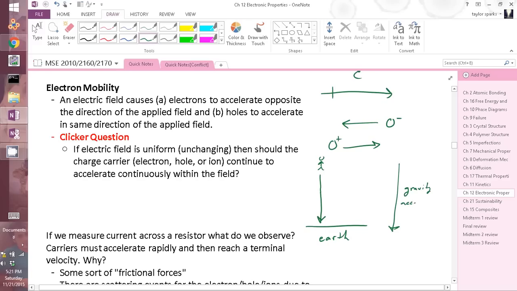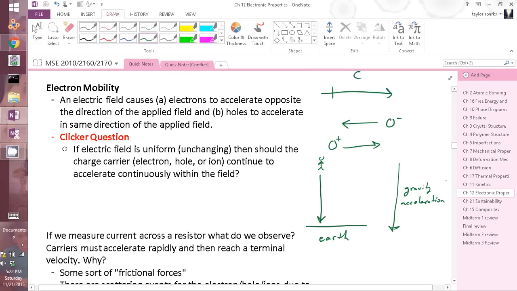So as you're falling, you might think that you're going to continue gaining speed since you're continuously in the field of gravitational acceleration, but we don't, because sooner or later we're going so fast that we have a force balance.